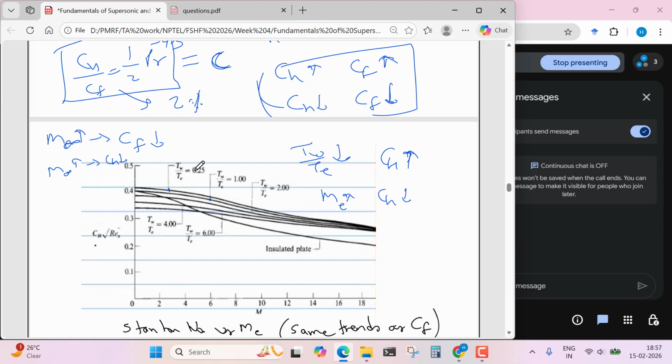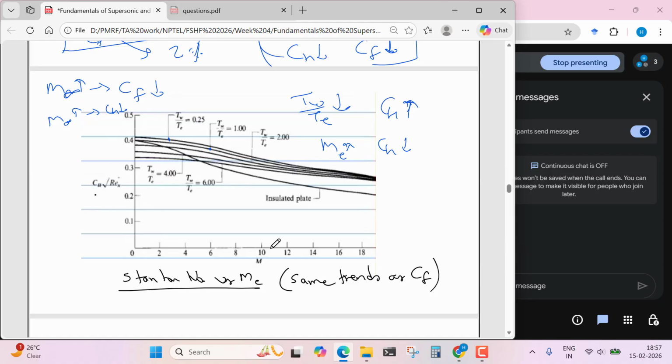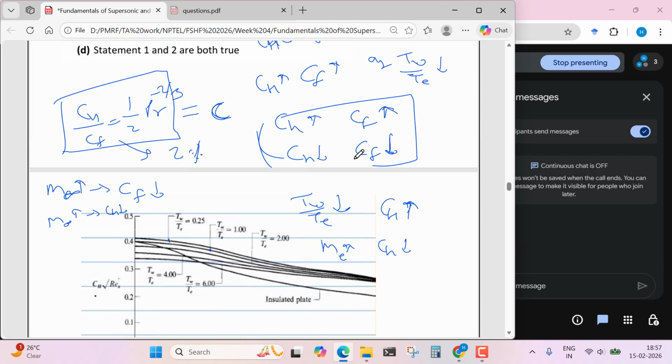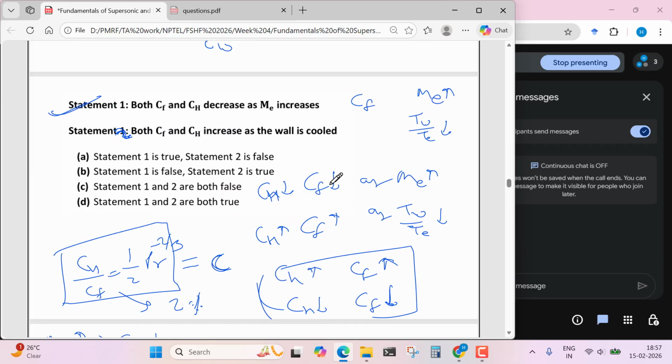So if the wall is more cooled, it means the CH value is high. So if we are cooling the wall, the CH value will increase. So CH and CF both are increasing as the wall is being cooled. So this statement 2 is also true. So option D is the correct one.